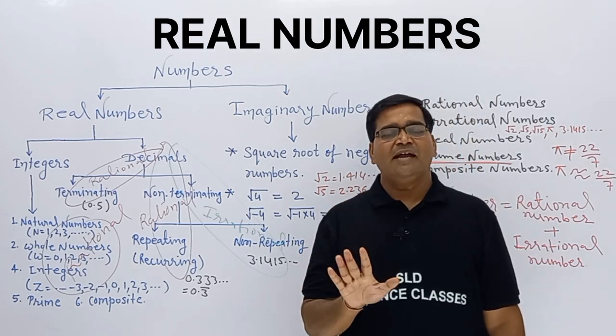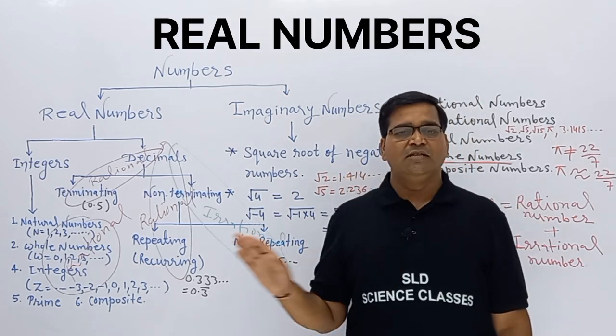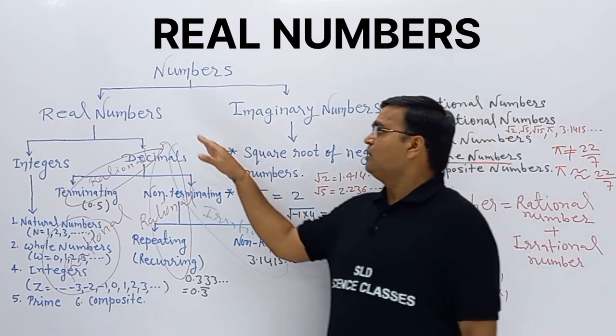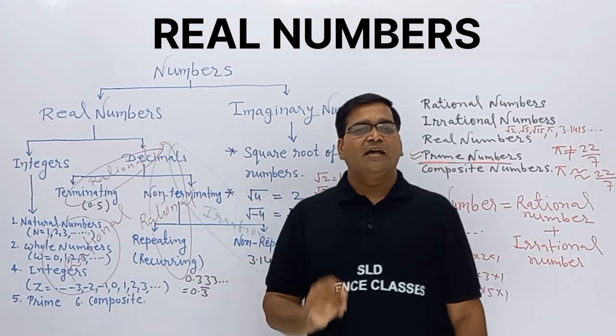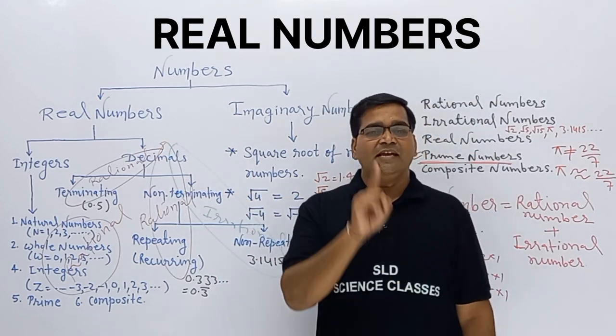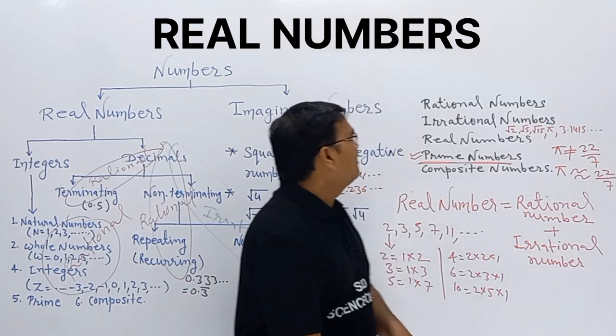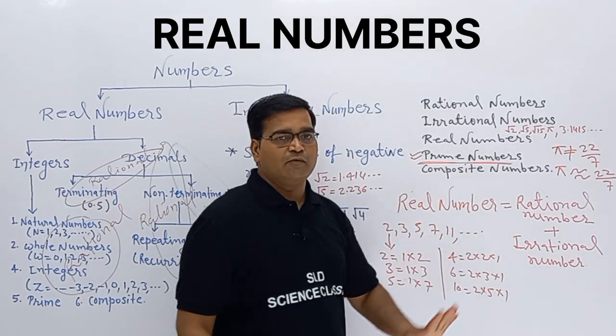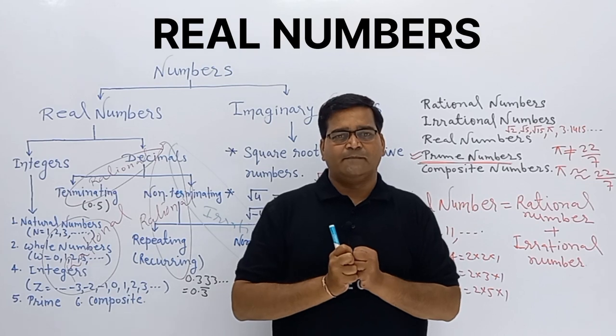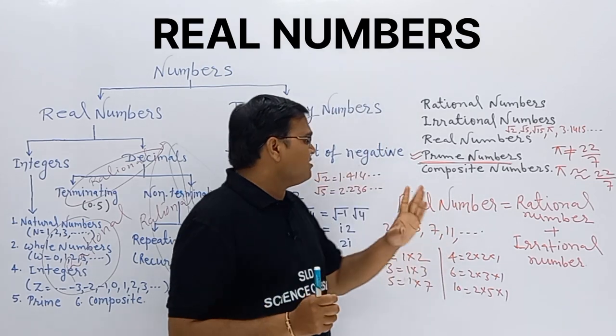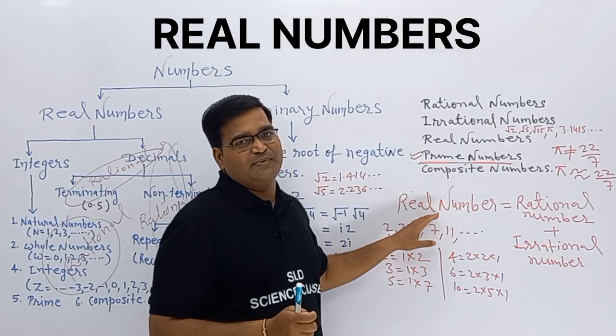Clear? This is the basic idea I gave in this class. Now, next is the real number, our first chapter, and it is a combination of rational and irrational. Once we add rationals and irrationals, we get real numbers.